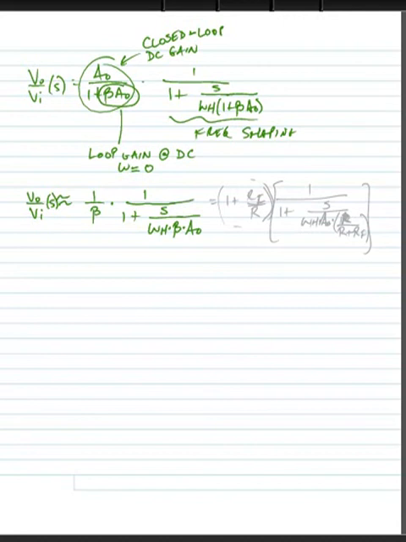And if we substitute our value for beta in here, we get 1 plus RF over R times 1 divided by 1 plus S divided by omega H times A naught times R divided by R plus RF.